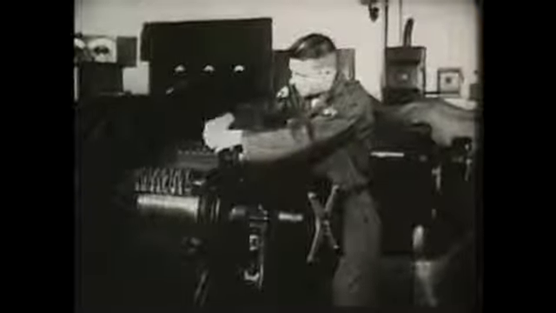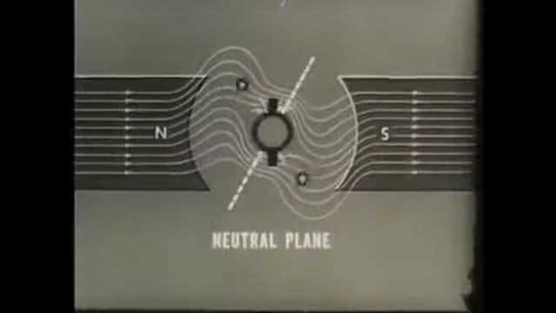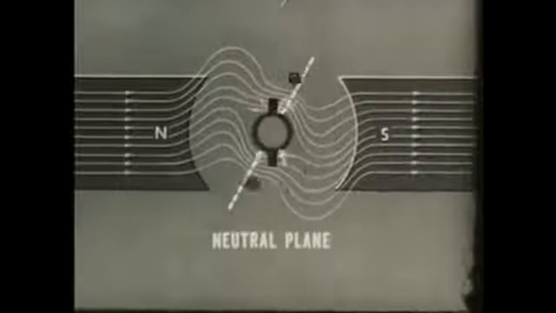There are two ways of maintaining the neutral plane in its correct position and thus avoiding sparking. It may be done by the adjustment of the brush position. The brushes are adjusted to lie in the adjusted neutral plane.